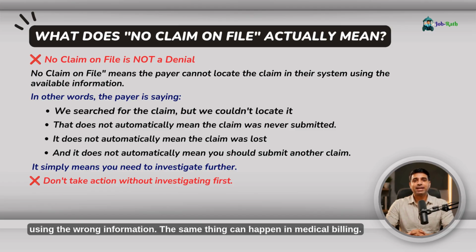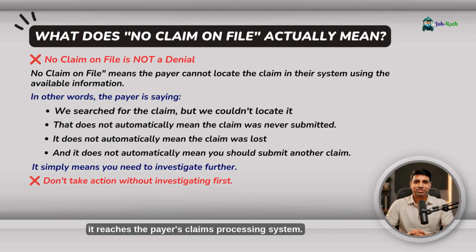The same thing can happen in medical billing. Your claim also travels through several checkpoints before it reaches the payer's claims processing system. If something goes wrong at any one of those checkpoints, the payer may honestly say, "No claim on file." Remember this. The payer can process your claim only after the claim successfully reaches their claims processing system.